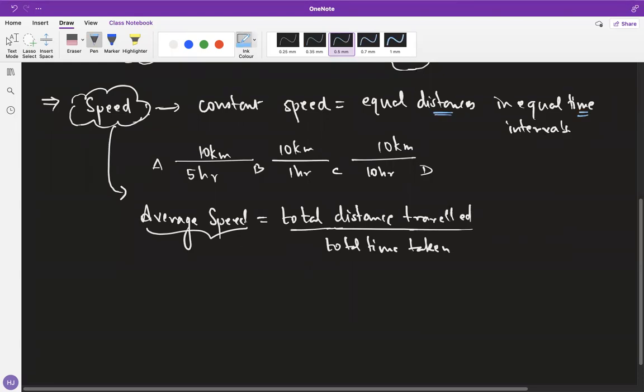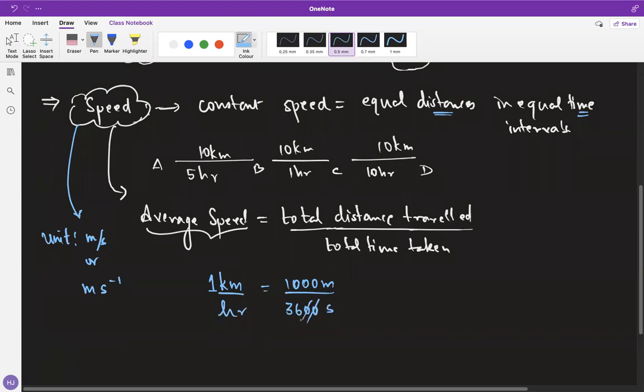Just as the definition relates distance and time in ratio format, the unit of speed is going to be meter per second, written scientifically as m s^-1. Speed can also be expressed in kilometers per hour, so we will understand the conversion. 1 kilometer per hour is equivalent to 1,000 meters over 3,600 seconds.